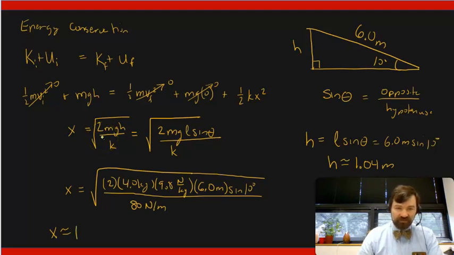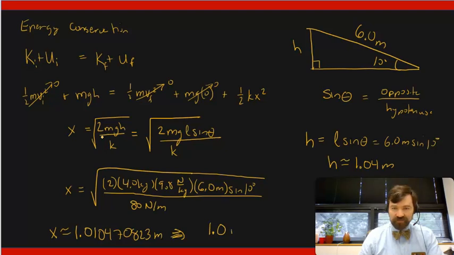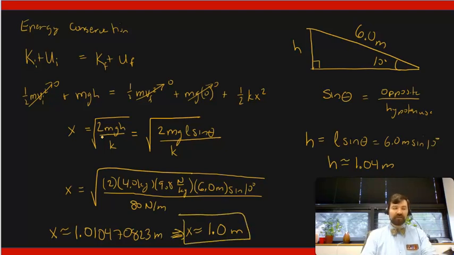So that's 1.010470823 meters. And of course, we don't want to keep so many significant figures. We probably want about 2 in this particular problem. So the compression of the spring is about 1 meter for this set of parameters.